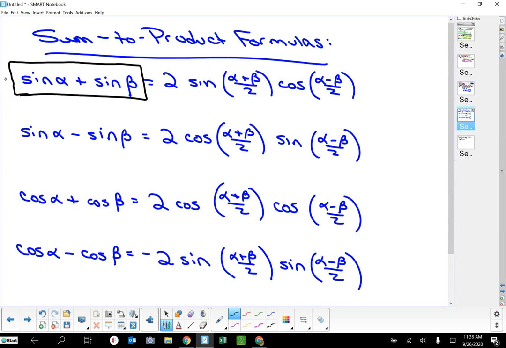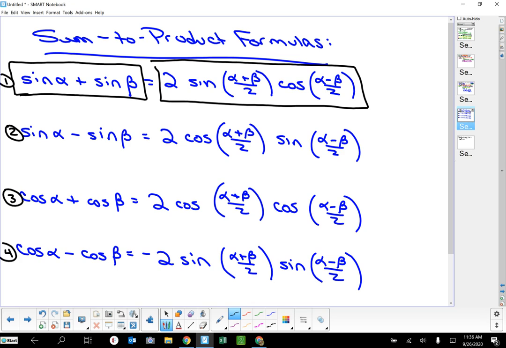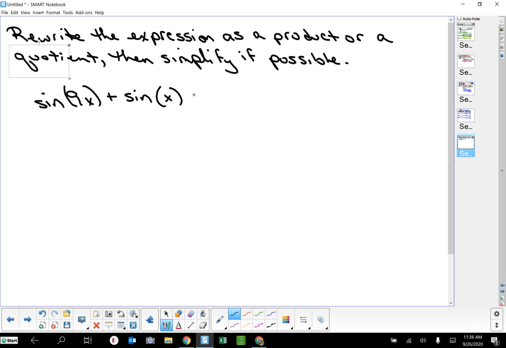Again, you can number these if you want. 1, 2, 3, 4. And we have sine plus sine. So we're going to expand out using this piece of information. So 2 sine alpha plus beta over 2.